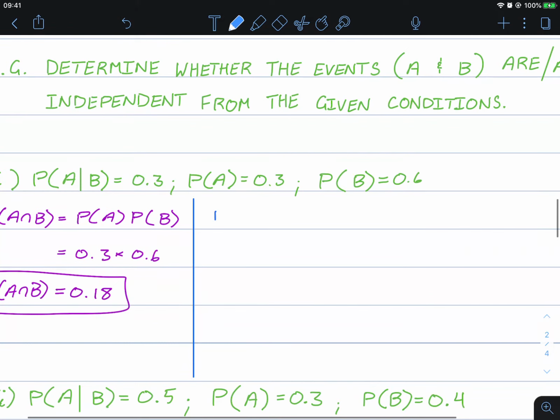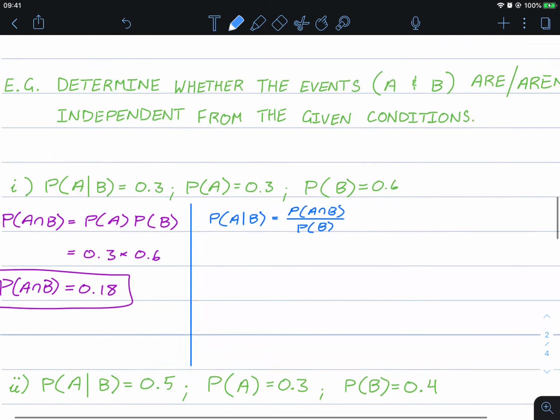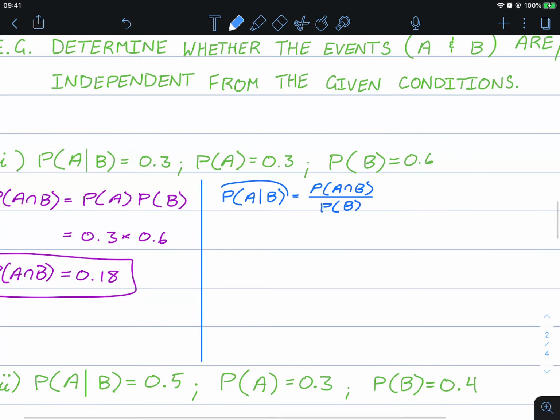So the probability of A given B is equal to the probability of A intersect B over the probability of B. Substituting all the values that we have, the probability of A given B is 0.3.